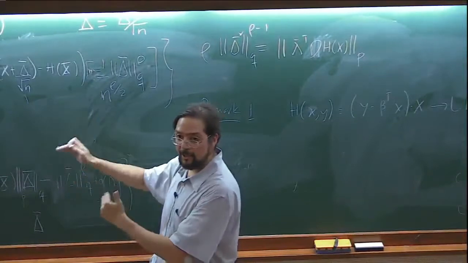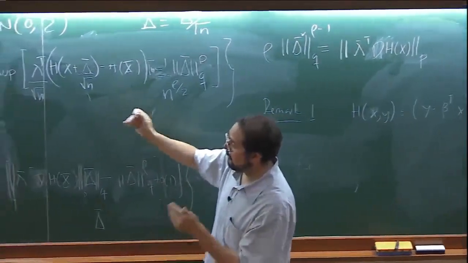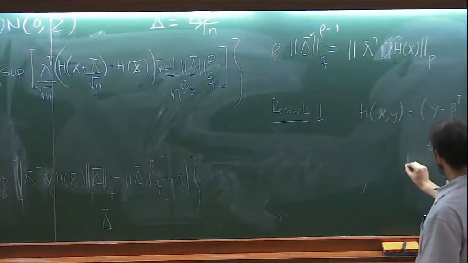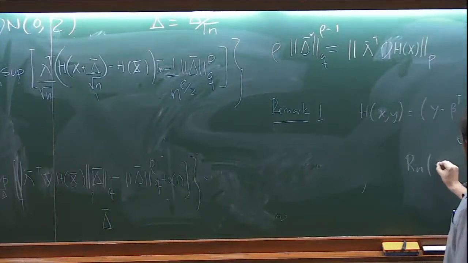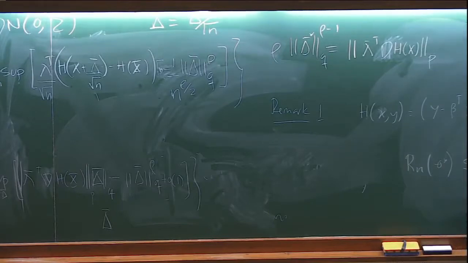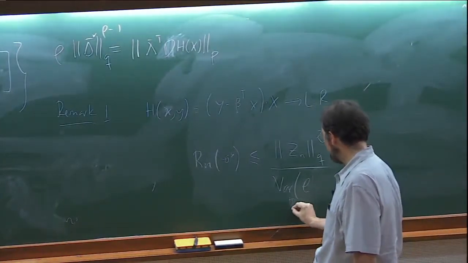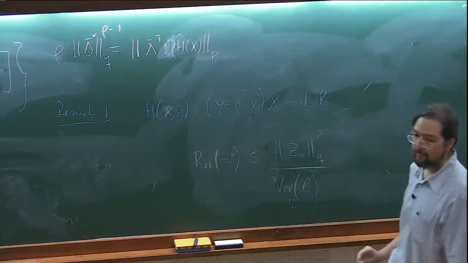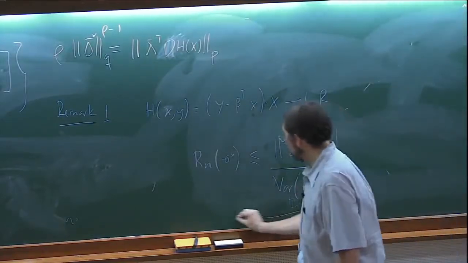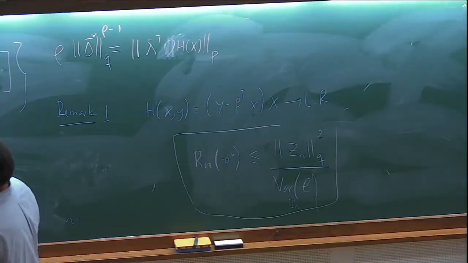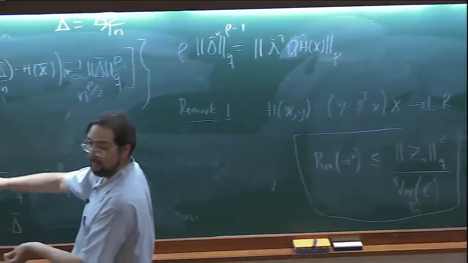You could actually carry on with all of this in infinite sample. And what you would obtain is that Rn of theta star is less than or equal to the norm of Zn in Q squared divided by the variance of the error in your linear regression model under Pn. Okay, so this is what you obtain if you just massage this, because in this case rho is equal to 2, you have squares, there is no approximation, it's exact.